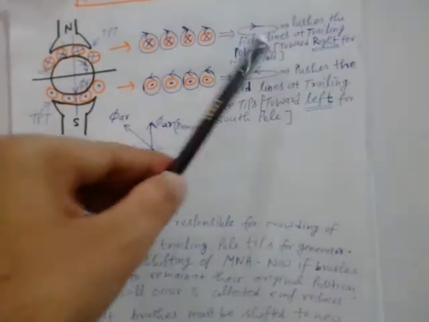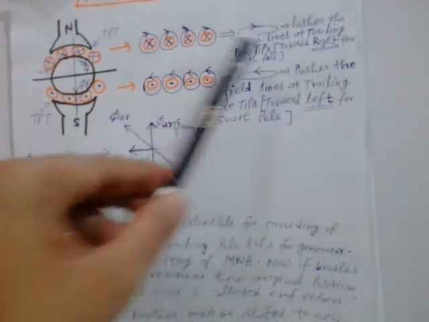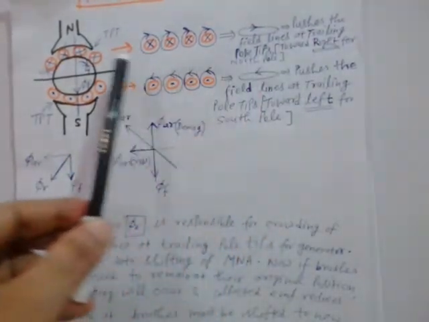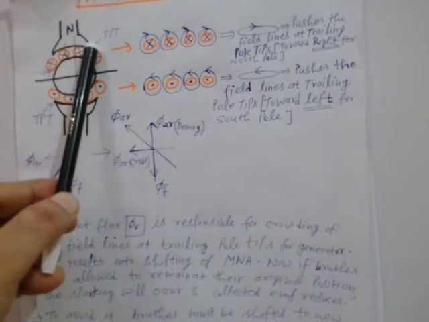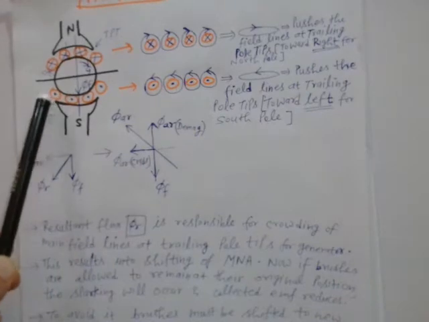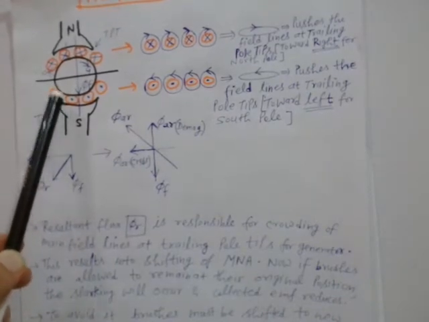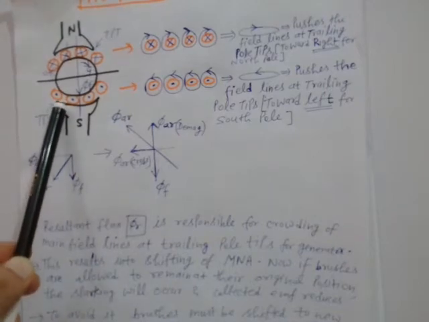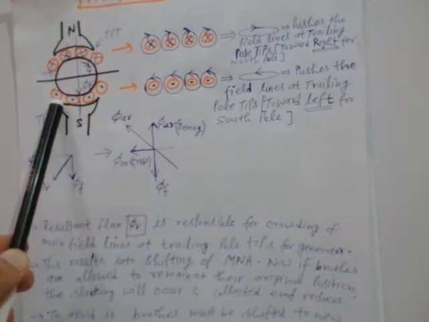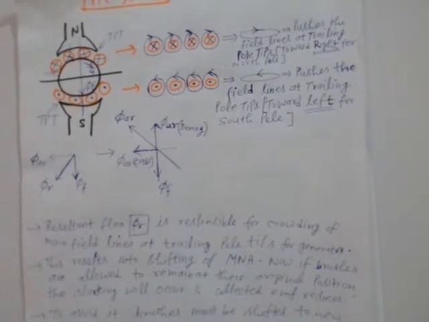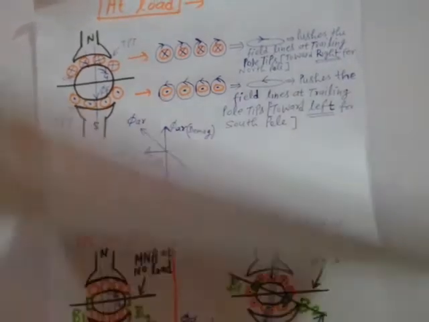It will push the main field lines to the rightmost point of the north pole, and for south it will shift the main field lines to the trailing pole tip, that means towards the extreme left side.